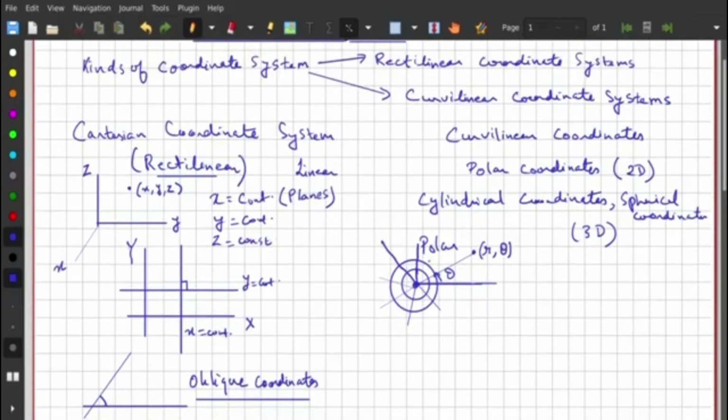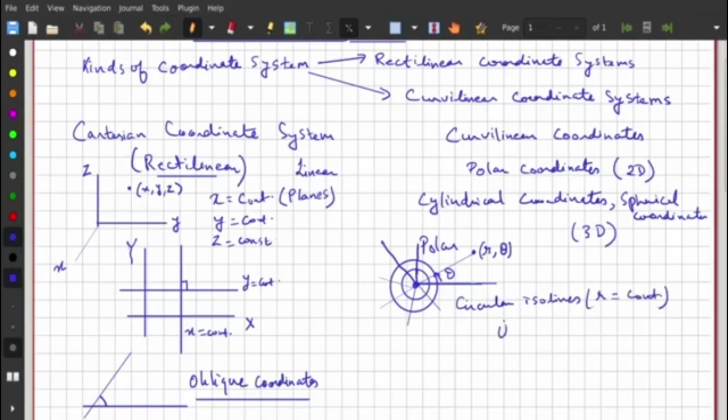As you can see, this is a curvilinear coordinate system, because one of the iso lines is circular. Here, these are circular isolines, which represent r equals constant.